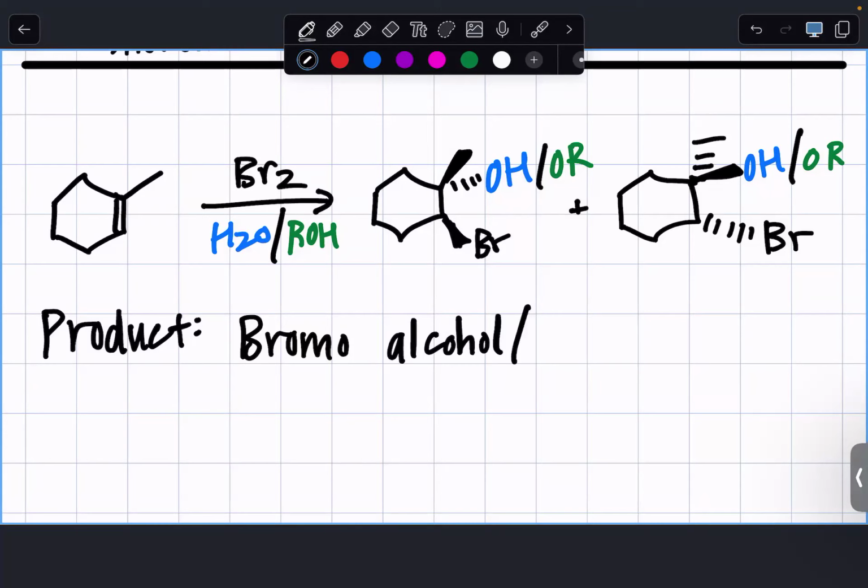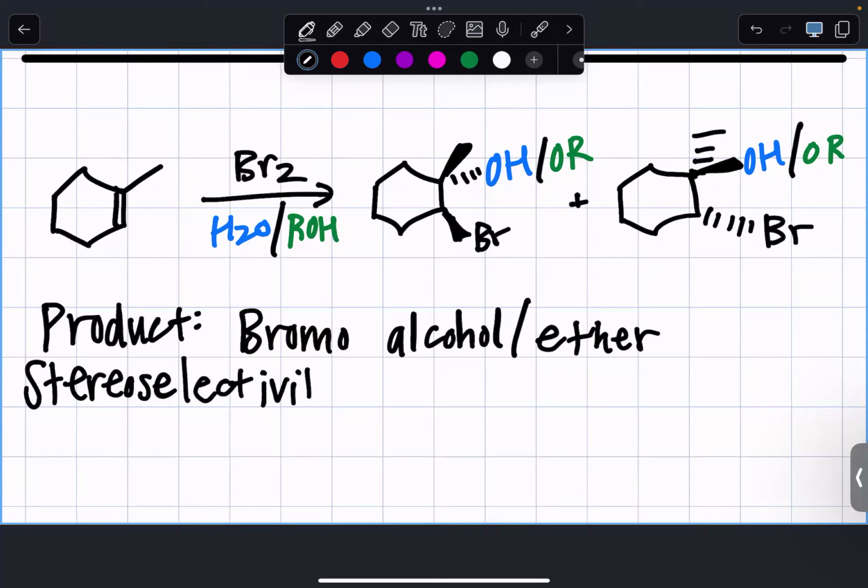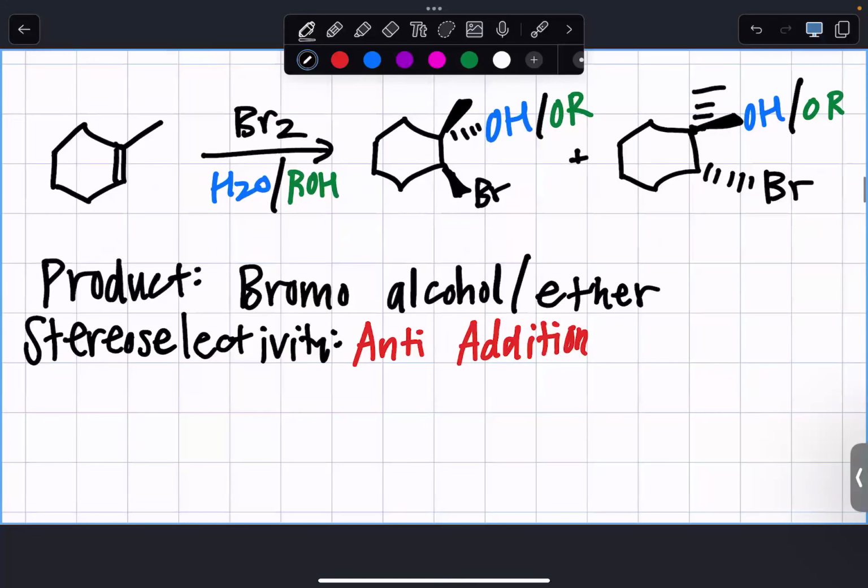It will be a bromo ether if you used an alcohol as a solvent. The stereoselectivity of this is anti-addition because we see that they added on the opposite side of each other. And the regioselectivity, like we said, this is Markovnikov.